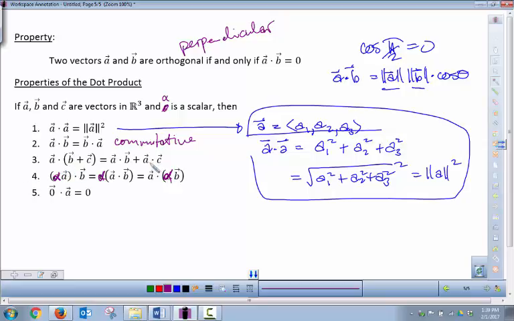This idea of distributing: with the dot product, you can distribute over addition. This one is not quite that other property because this combines scalar multiplication with a dot product.